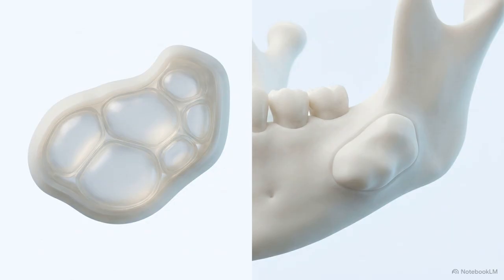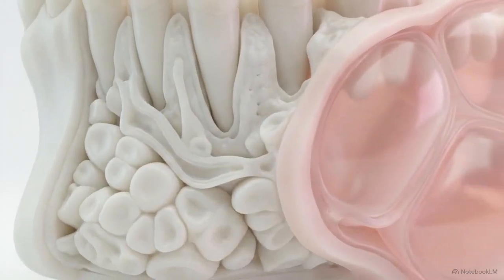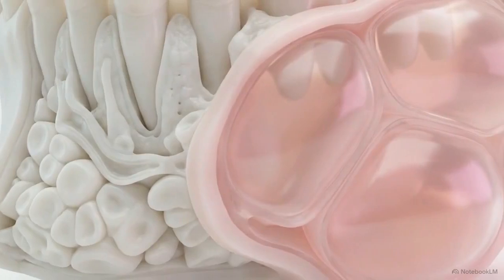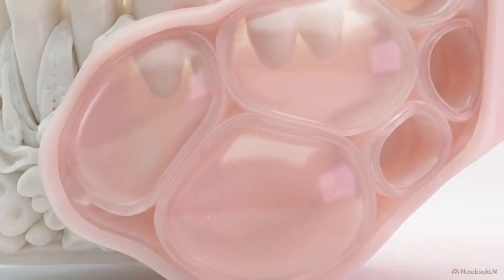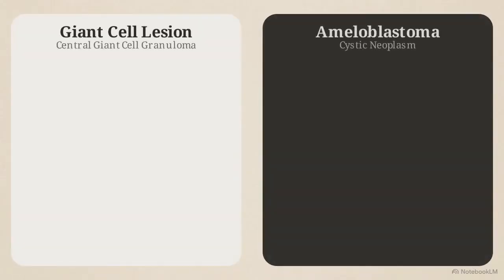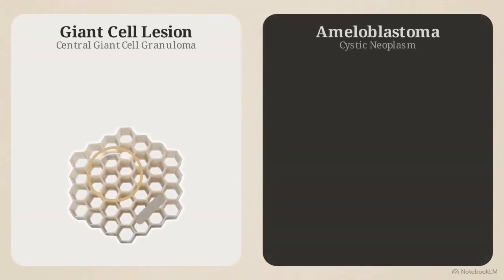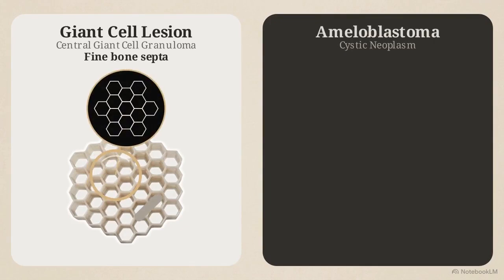We must also consider the strongest secondary differential, central giant cell granuloma. However, a giant cell granuloma is generally less radiolucent because it is composed of solid tissue rather than the cystic spaces common in odontogenic neoplasms. The internal architecture is also different. Giant cell lesions typically contain fine bone septa, or wispy osteoid, creating a honeycomb pattern.